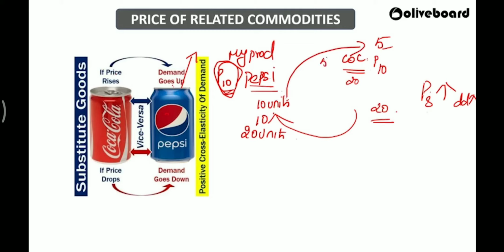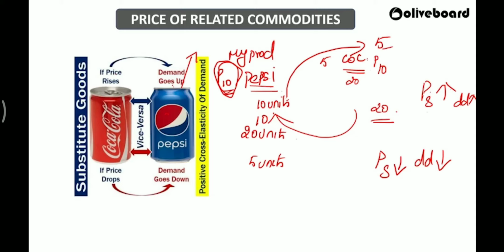Say, for example, 5 people go there, then my demand will come down to 5 units. So if your substitute decreases their price, demand for your commodity decreases. So there is a direct relationship between the price of the substitute and demand for the commodity.